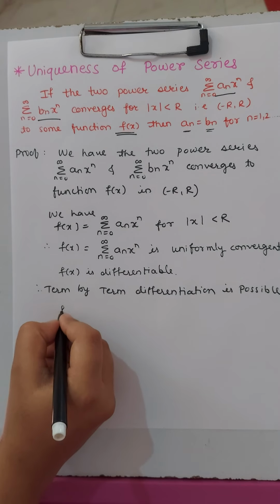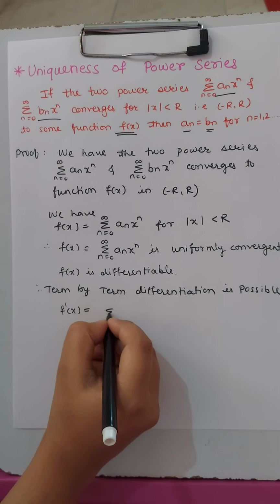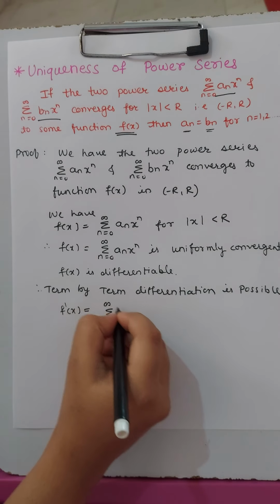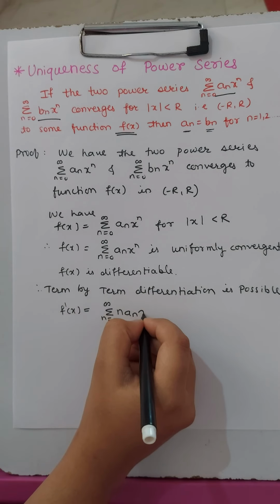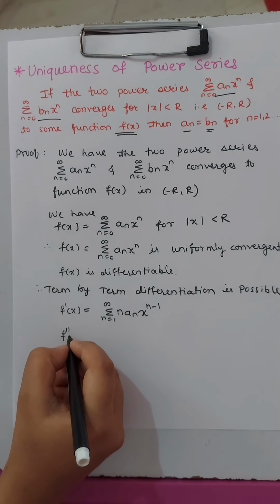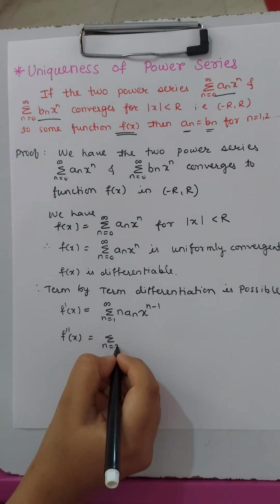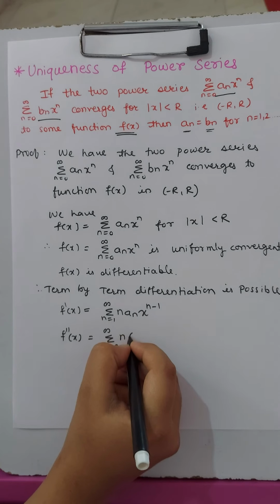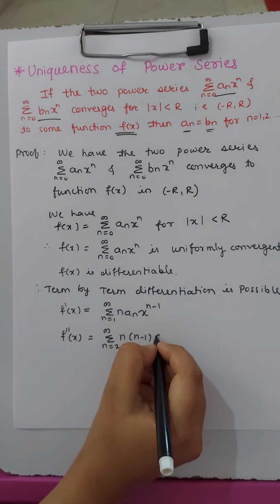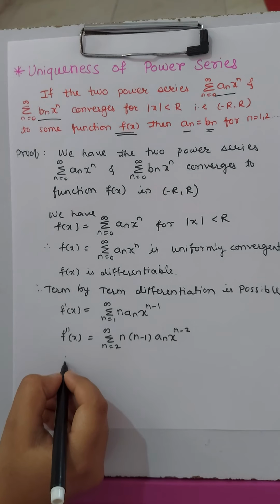So the first derivative, that is f dash of x, will be summation n from 1 to infinity n an x to the power n minus 1. The second derivative will be f double dash of x equals summation n from 2 to infinity n into n minus 1 an x to the power n minus 2, and so on.